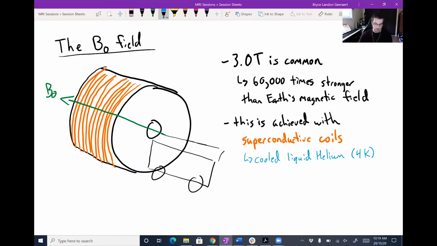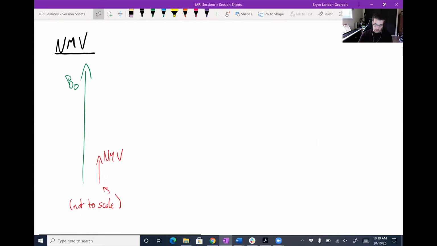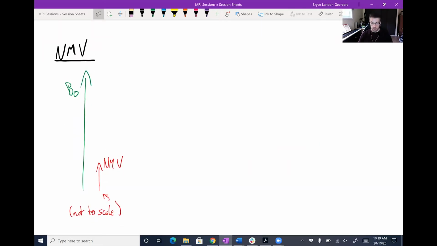All right. The next thing I want to talk about, again, just more context for what I talked about last time. We talked about how the net magnetization vector, I've already forgotten that acronym, is generated when you have hydrogen atoms or protons or spins. All three of those terms mean the same thing in this context.